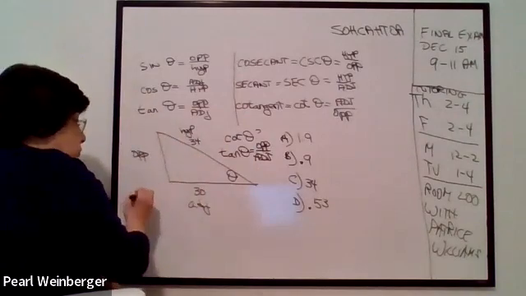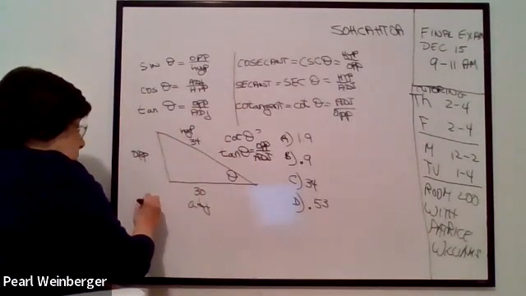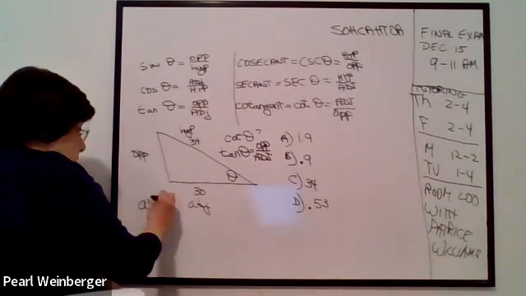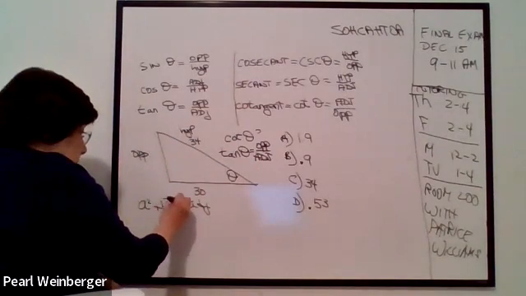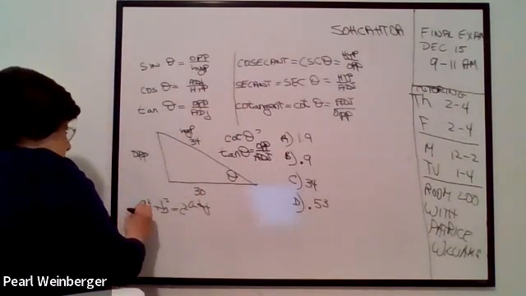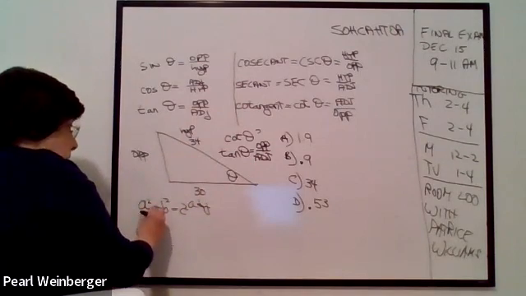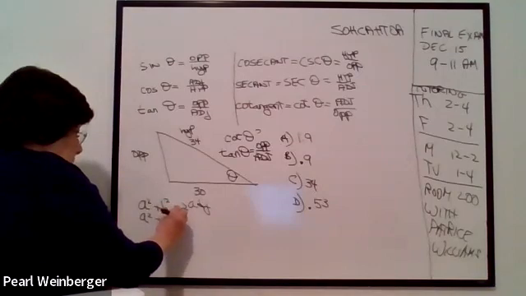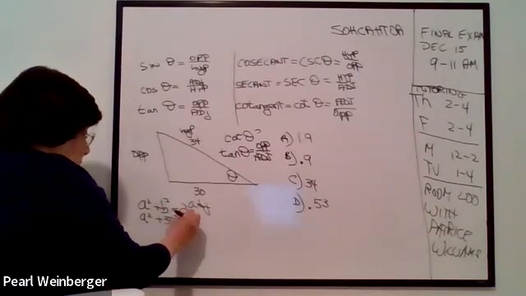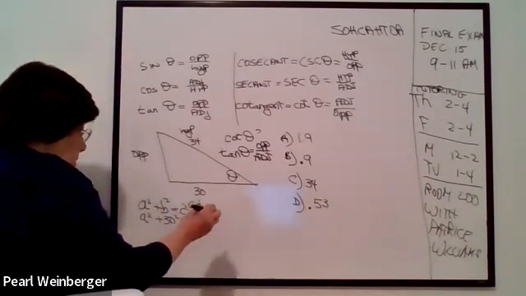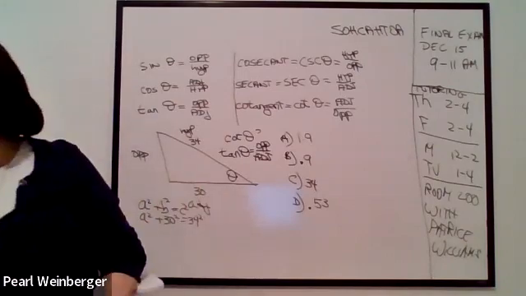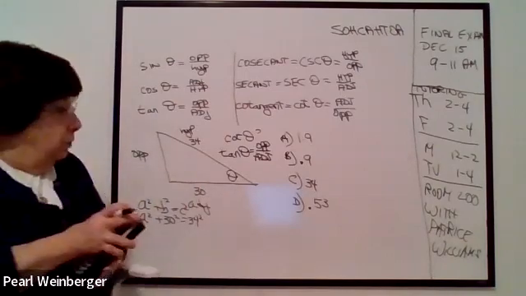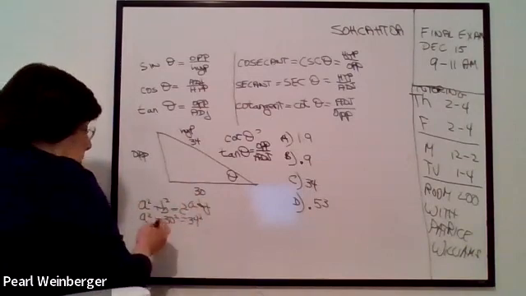So again, I have to use A squared plus B squared equals C squared. So I'll do A squared plus 30 squared. Remember, it always has to equal the hypotenuse squared, 34 squared. And I certainly want to use my calculator with these numbers.